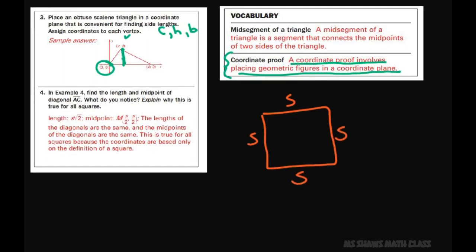So this is true for all squares because when you do the diagonal, the s's will all be the same. And this is true for all squares because the coordinates are based only on the definition of a square.